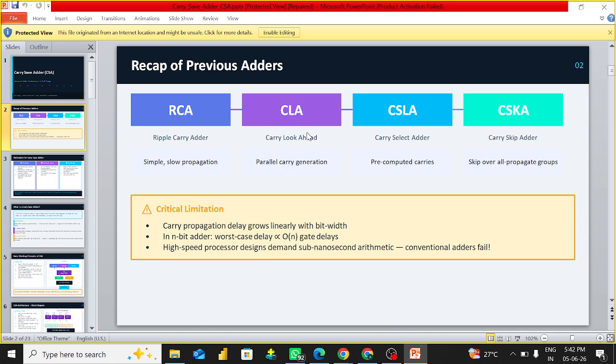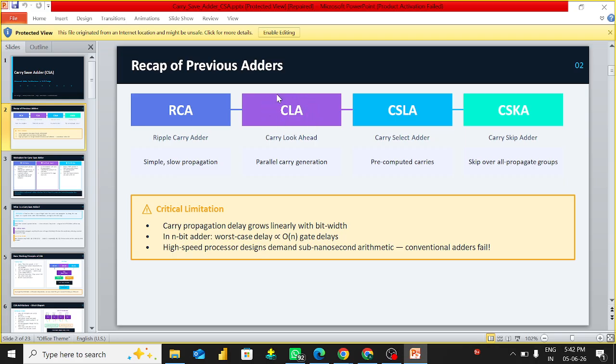Coming to the carry look ahead adder, here parallel carry generation was going on. The difference between the ripple carry adder and the carry look ahead adder is that in the ripple carry adder the propagation delay was more, so that was reduced in the carry look ahead adder.